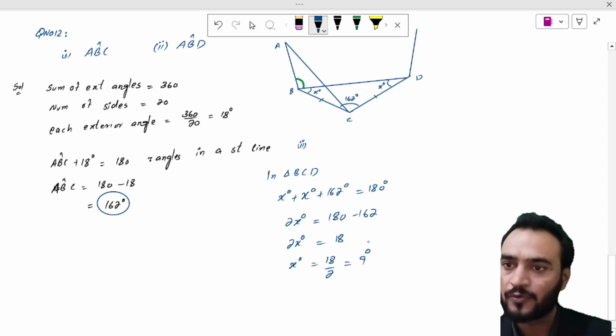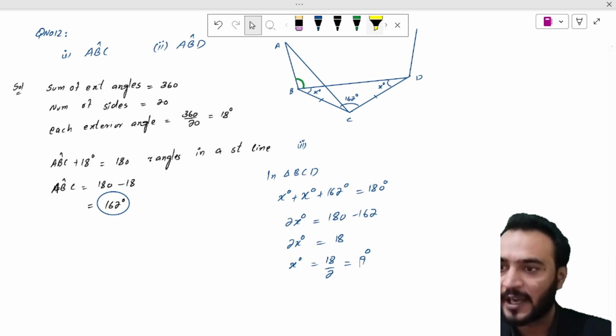Now we need to find the angle which is marked green, ABD. As we know that angle ABC is equal to 162 degrees, which is the interior angle, which we have found in part 1. We subtract the value of x from 162 degrees to obtain this angle.